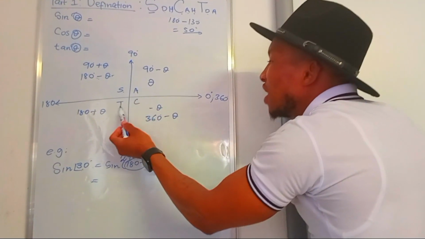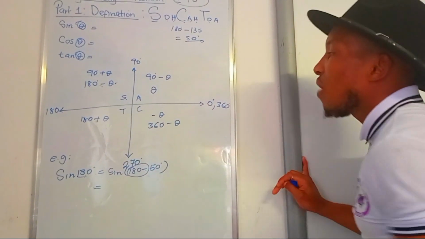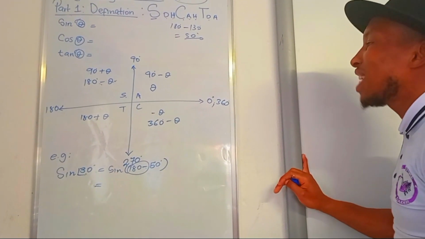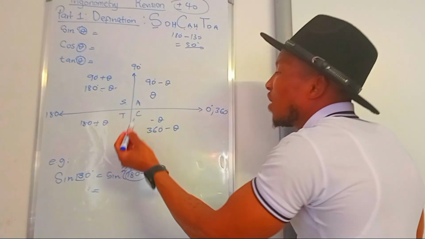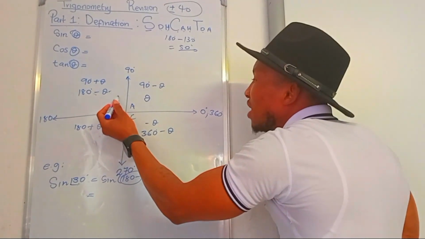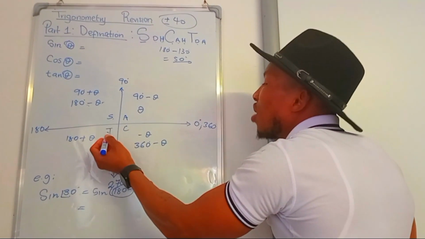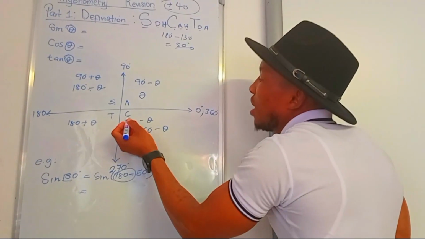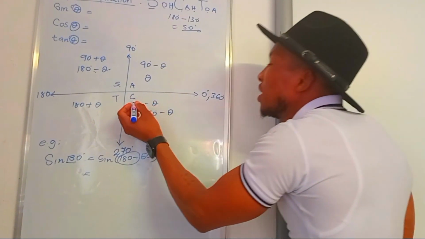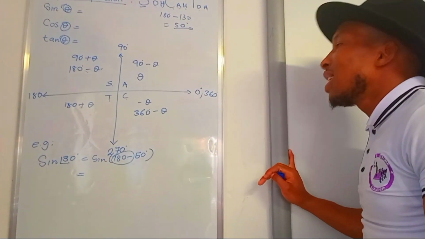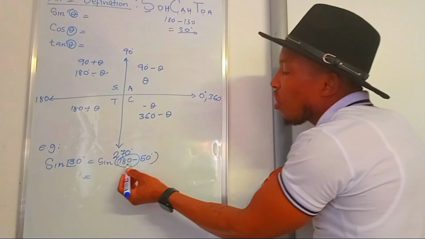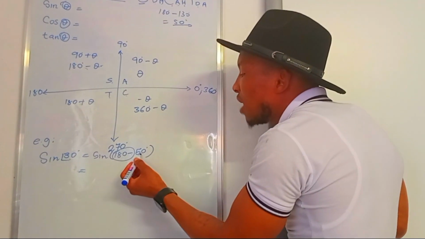All students take coffee. Therefore, we normally say that sine is positive here, and cos and tan are negative. And here tan is positive, sine and cos are negative, and here cos is positive, and only sine and tan are negative. Okay. Therefore, here as you see, we have 180 minus 50 degrees.